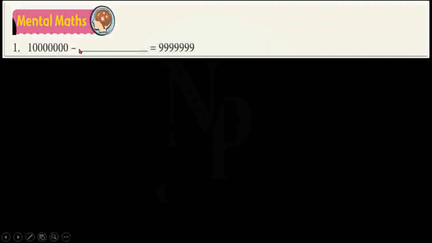On subtracting 1 from the smallest 8-digit number, you will get the greatest 7-digit number, or 1 crore minus 1 is equal to 99,99,999.